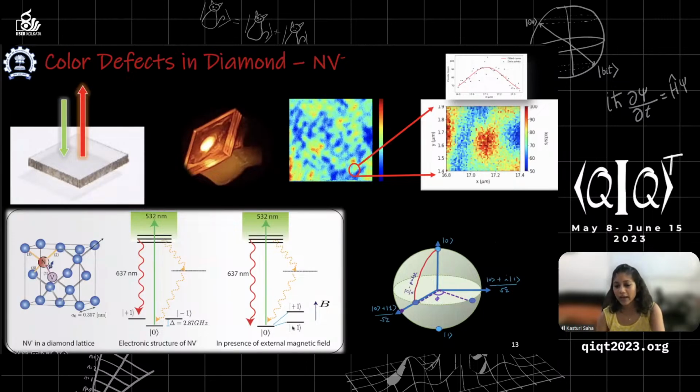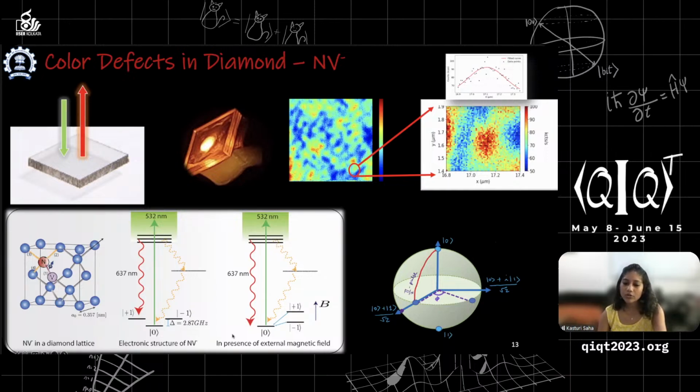Now, a qubit, just to, this is a spin qubit. As you can see, 0, -1 or 0, +1 are the levels that are used as the qubit levels. So it's like a 3-level system, but because you have 2 distinct levels in the presence of a magnetic field, you can apply the microwave radiation and control the state from 0 to -1, and that can be your 2-level system.